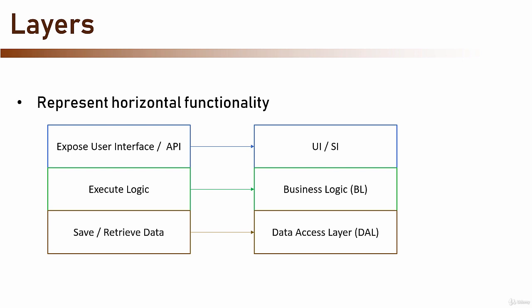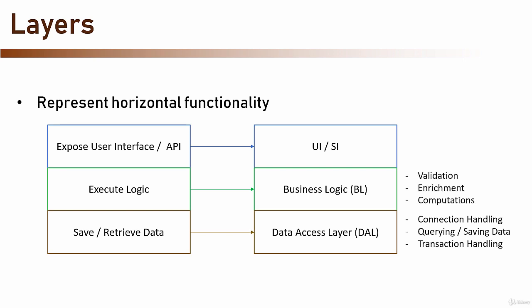For example, the DAL layer will have classes that handle opening a connection to the data store, querying data, saving data, handling transactions, and more. The BL layer will have classes that perform validation, enrichment, and computations. The SI layer will have classes that expose an API, translate JSON documents to concrete objects, handle authentication and authorization, and more.